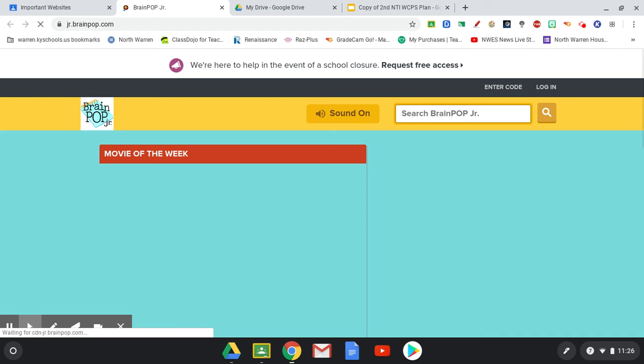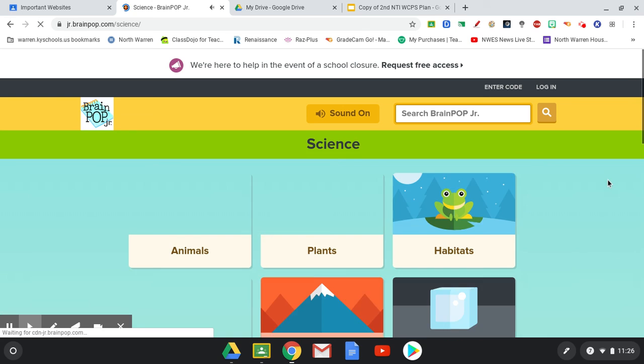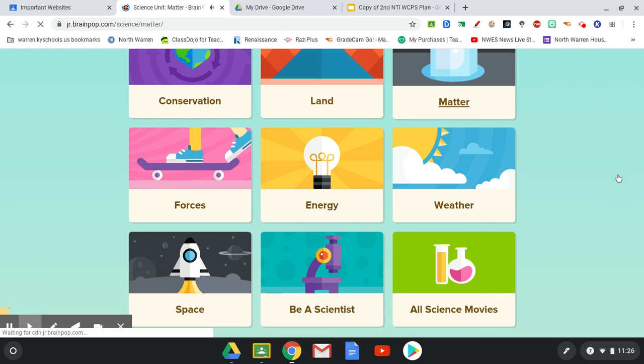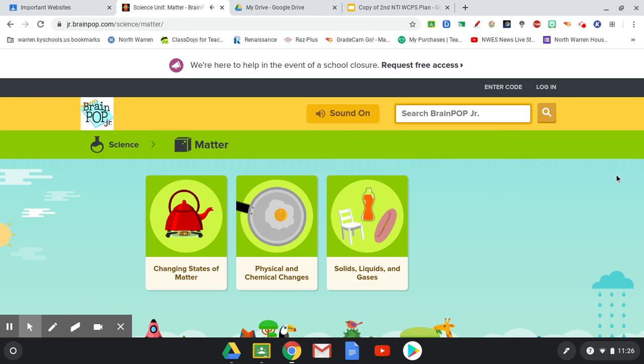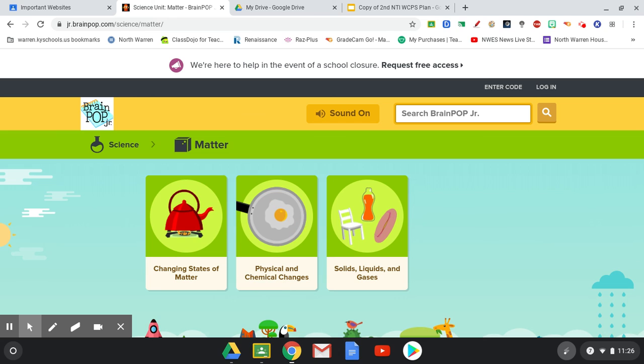So when I click on BrainPop Junior, go to Science, go to Matter, and it's got physical and chemical changes right here. That is going to be reversible and irreversible changes. Changing states of matter. You can watch that video if you want, okay?